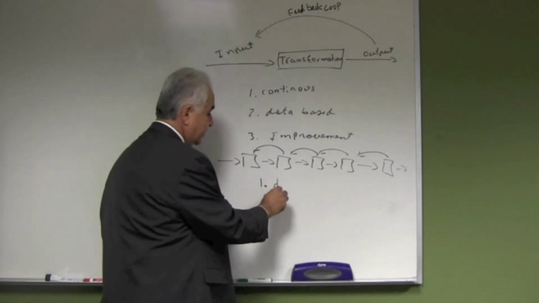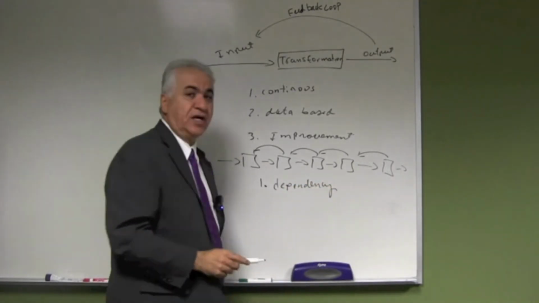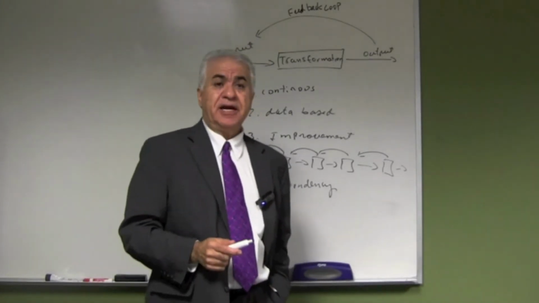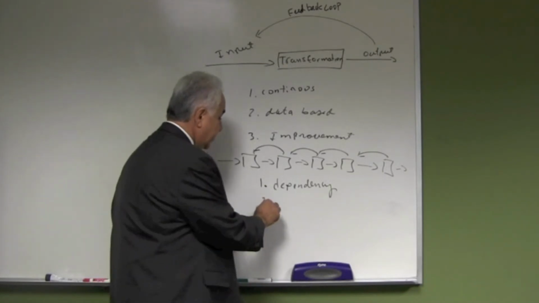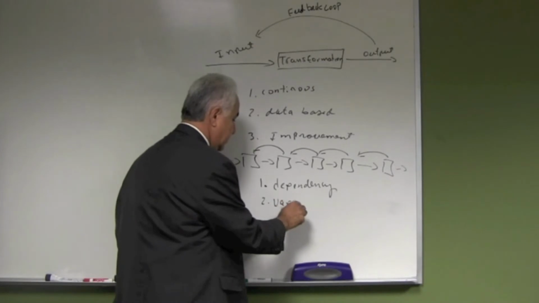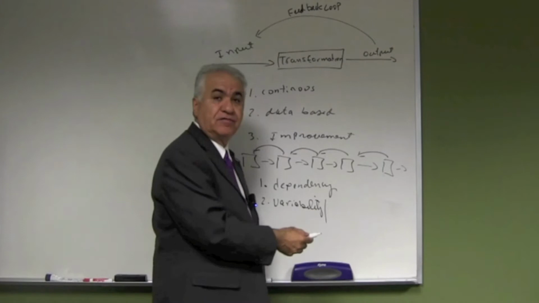Therefore, we have dependency. These processes are dependent on each other. The second characteristic of sequential processes is that they are subject to variability, or statistical fluctuations.